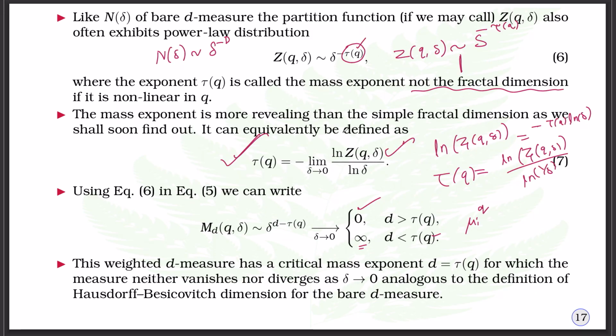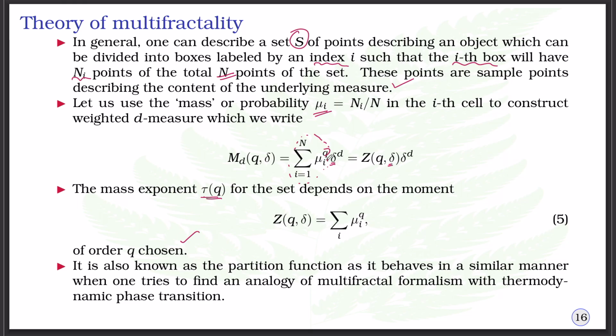Now, you can think about this theory. If we vary q, the μ_i^q will vary. We take the curve and cover it by boxes.